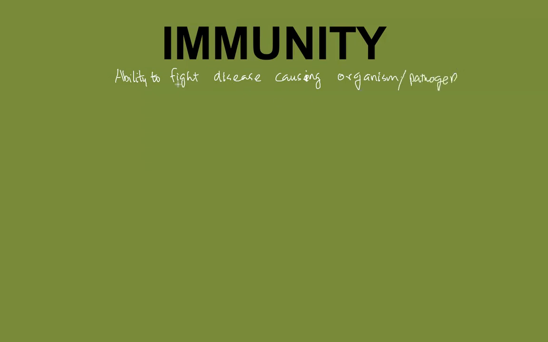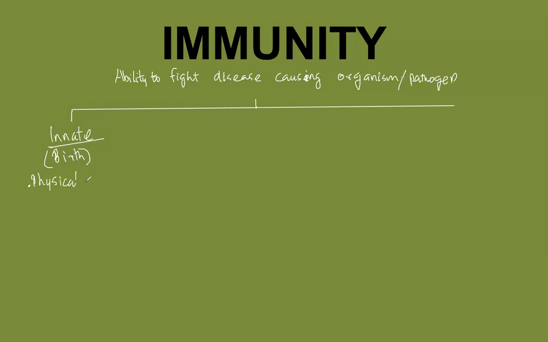We can classify immunity into two. These are two types of immunity. The first immunity is innate immunity. Innate immunity we have by birth. At the time of birth, all of us have innate immunity. And in innate immunity, for example, we have many physical barriers.